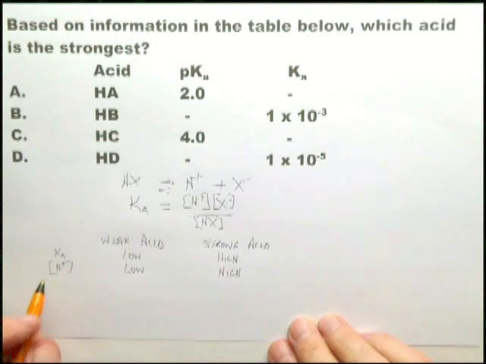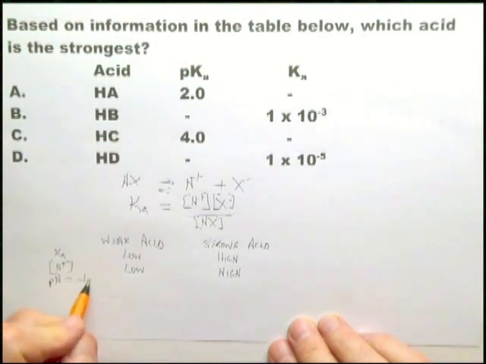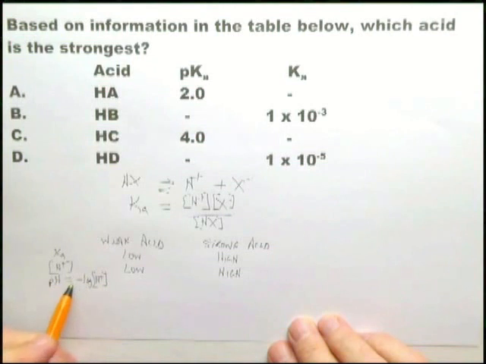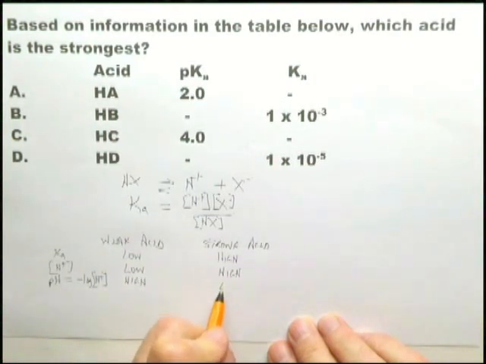Let's look at the pH. Because of the negative sign in the log, these get reversed. For a weak acid the pH is high, and for a strong acid it's low.